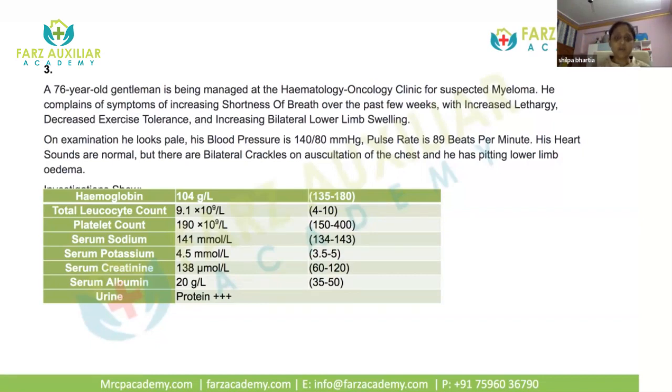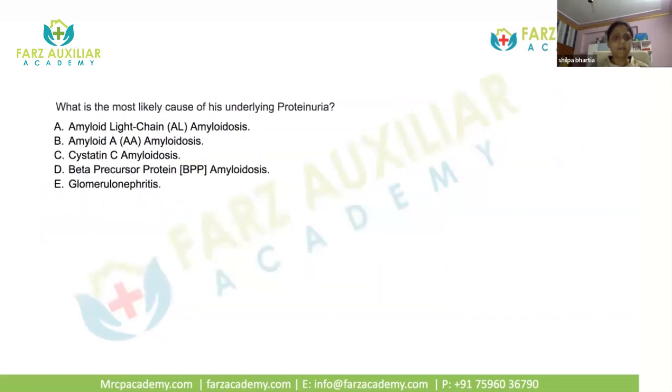Look at the blood reports. It is showing that his hemoglobin is reduced, leukocyte normal, platelet normal, sodium, potassium normal, creatinine is slightly elevated, albumin is very low, and urine protein is +++. So the question is, what is the cause of his underlying proteinuria?